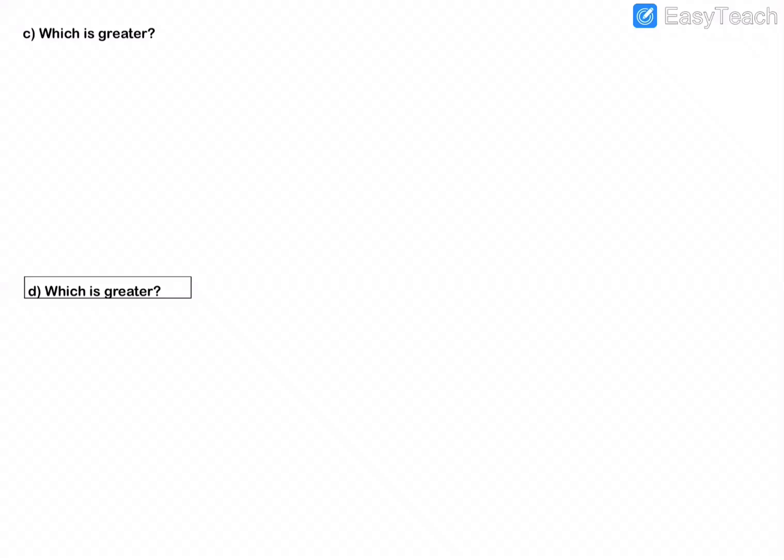C, which is greater? Square root of 15 or negative 3.5? That one is actually a trick one. Remember, square roots can have a positive or a negative square root, right?